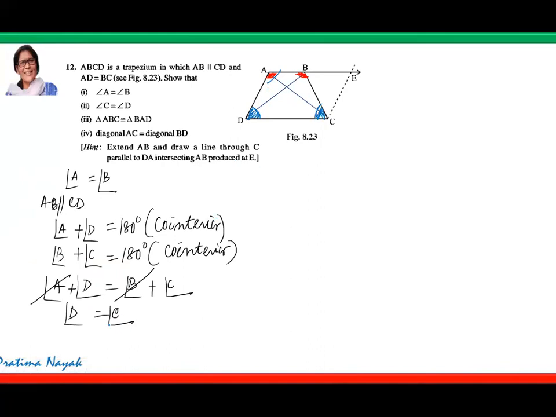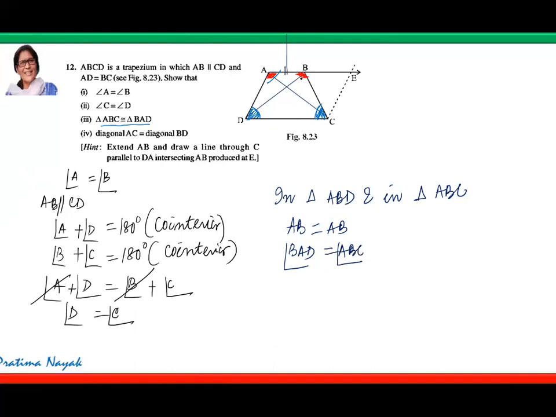This part is proved. Now coming to the last part. Triangle ABD is congruent to triangle ABC. How to prove it? Congruency. AB is common in triangle ABD and in triangle ABC. AB is equal to AB, common side, and your BAD angle is equal to ABC angle.